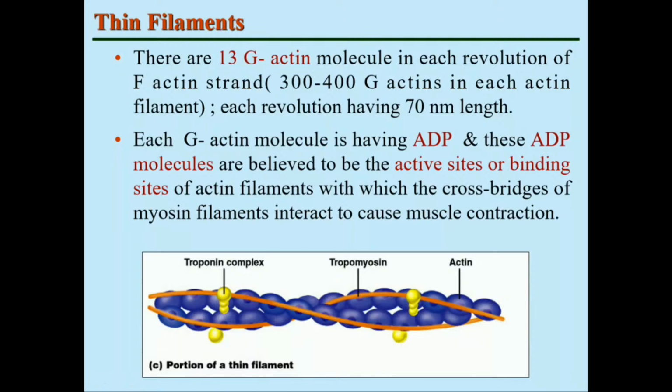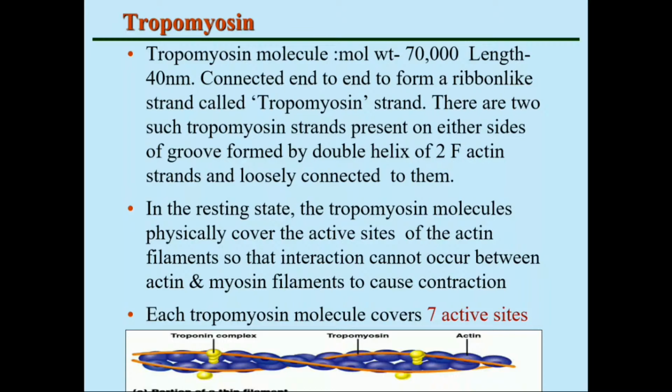There are two such tropomyosin strands present on either side of the groove formed by the double helix of two F-actin strands, and loosely connected to them. Right. So again, let us go through this.